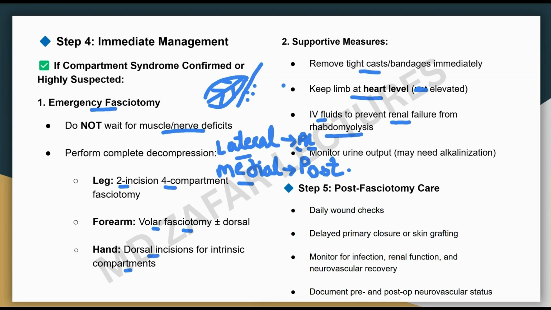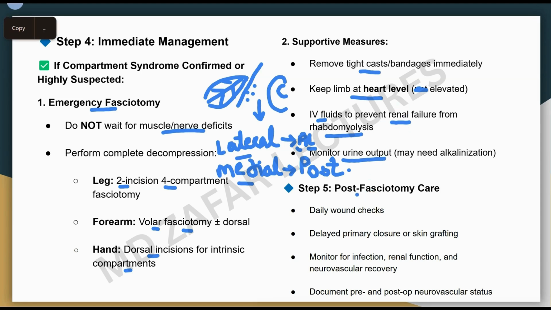These toxic metabolites are going to go to the kidney, and they are going to deposit within the glomeruli. As a result, the functionality of the kidney will decrease. That is known as rhabdomyolysis, and it results in darkening of the urine. Urinary output should be monitored to watch for renal failure.